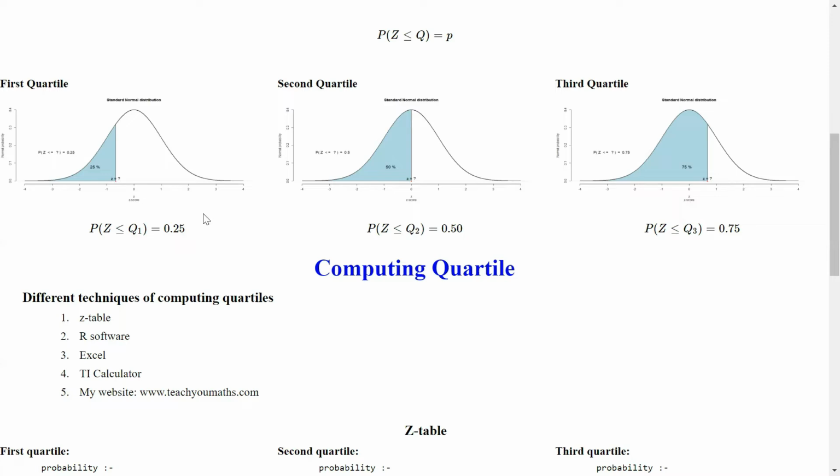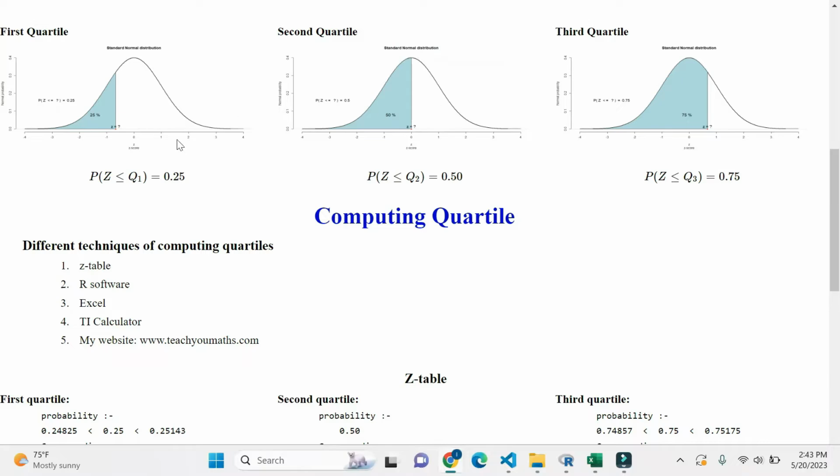That is, probability is 0.25, 0.5, and 0.75 are known. The problem here is to find the values of these Qs, Q1, Q2, and Q3, the location points on the horizontal axis of the curve.